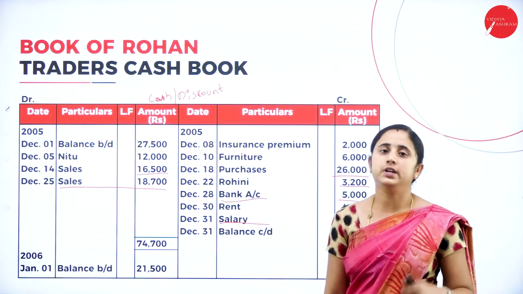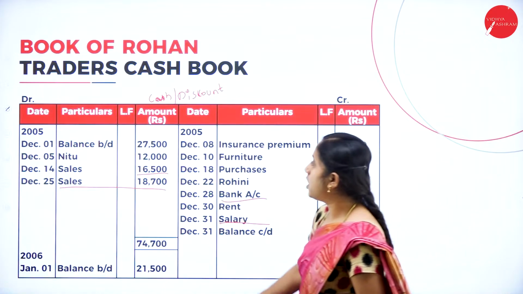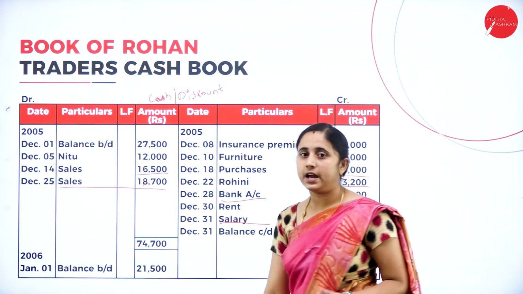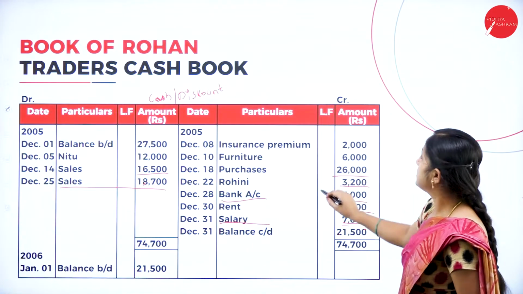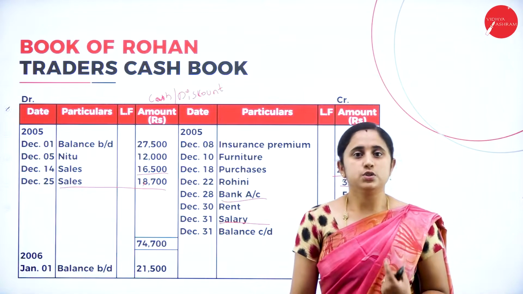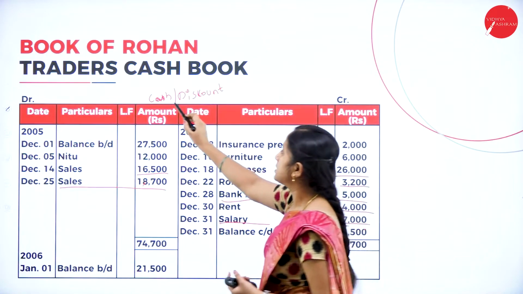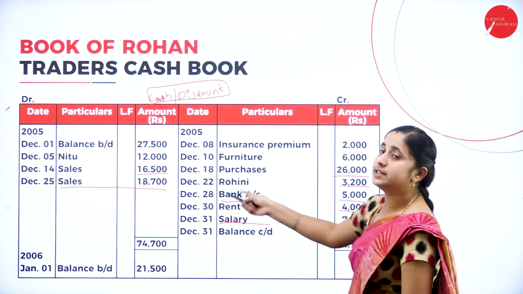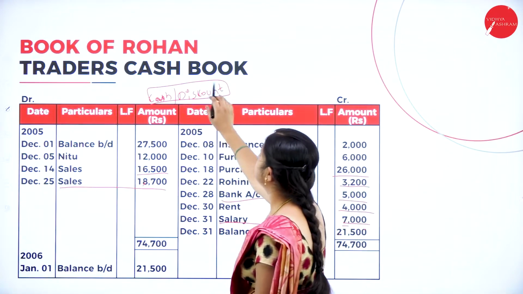If any discount is received, you will record it on the receipt side, and any discount allowed is recorded on the credit side. So the additional column is discount. All the things remain the same except the discount column.